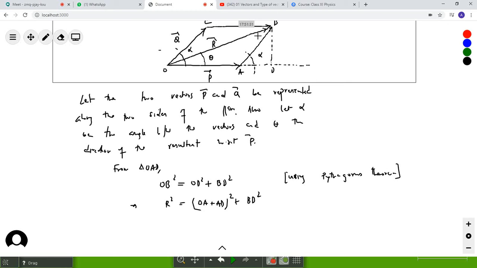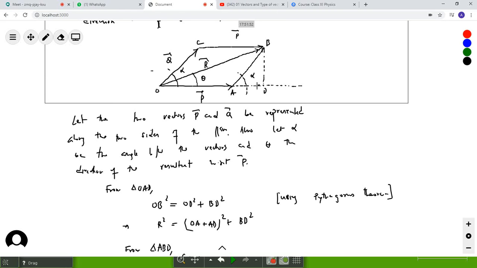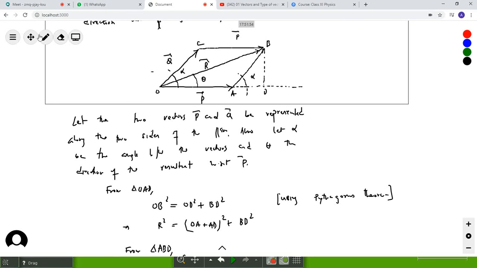Right? So now look at this triangle. From triangle ABD, can I write like this? Cos alpha would be how much? Base by hypotenuse. So base is AD, and hypotenuse is, if this is Q, how much is this? This is also Q, this is P, this is also P, because it's a parallelogram.